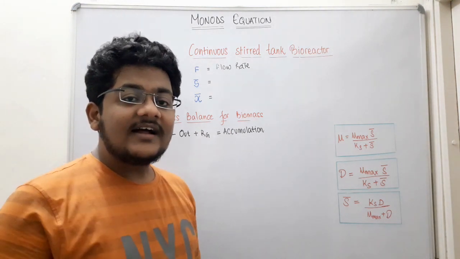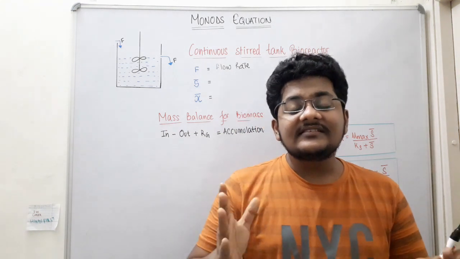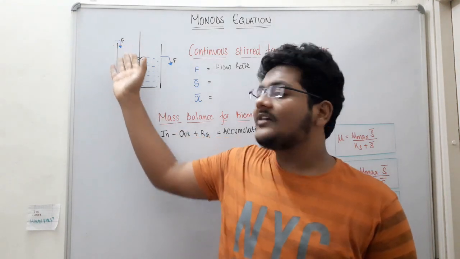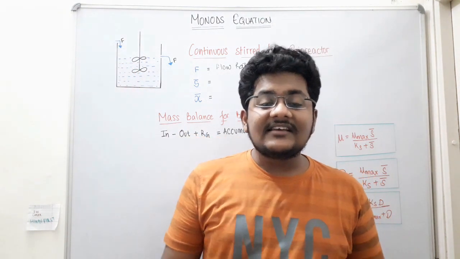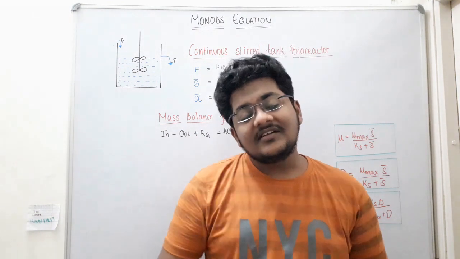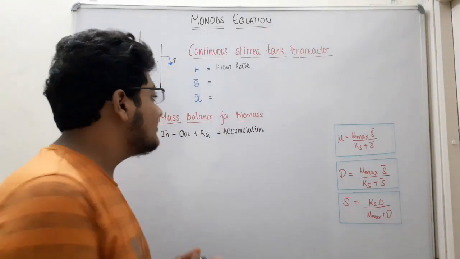We know that under steady state the substrate concentration inside the bioreactor remains constant, which means that the amount of substrate being added is equal to the amount of substrate being consumed.